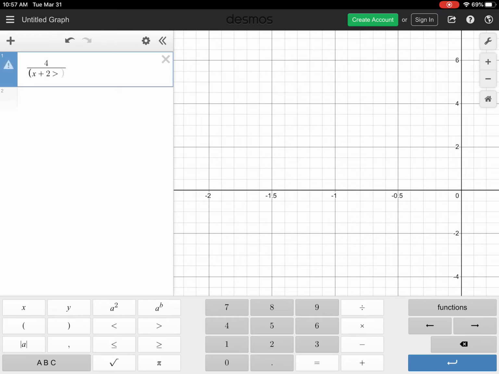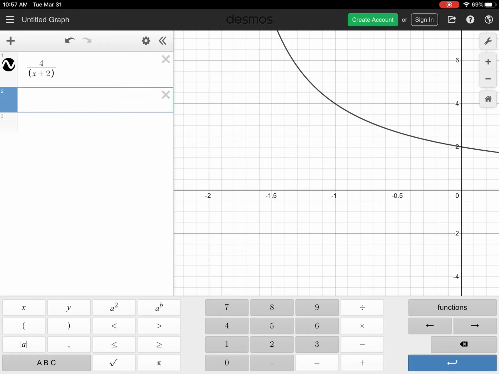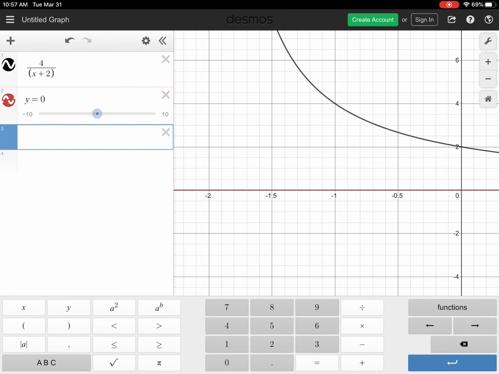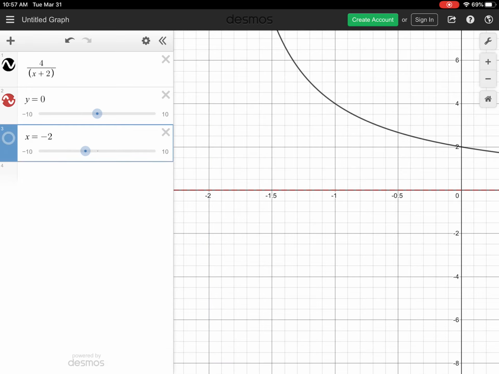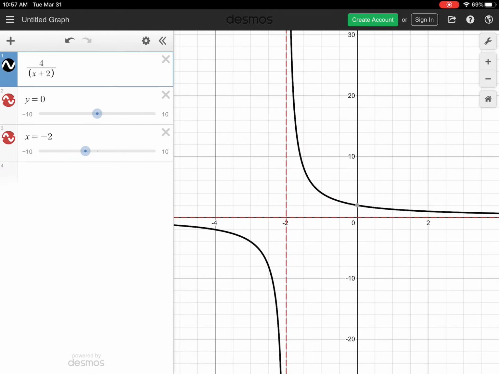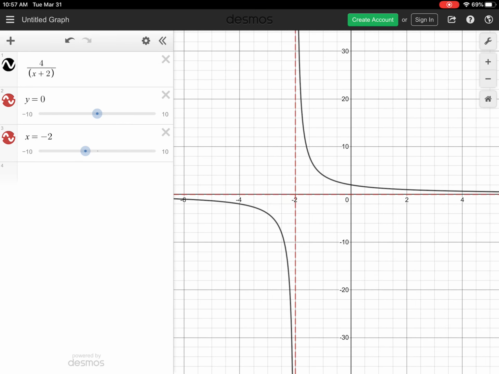And then, if you just want to graph your asymptotes here too, you can say, hey, graph y equals 0. I may be able to change this to a red dotted line. And then I'm going to graph the vertical asymptote of x equals negative 2, and I want this to be a dotted line, guys. And then I can see the graph.